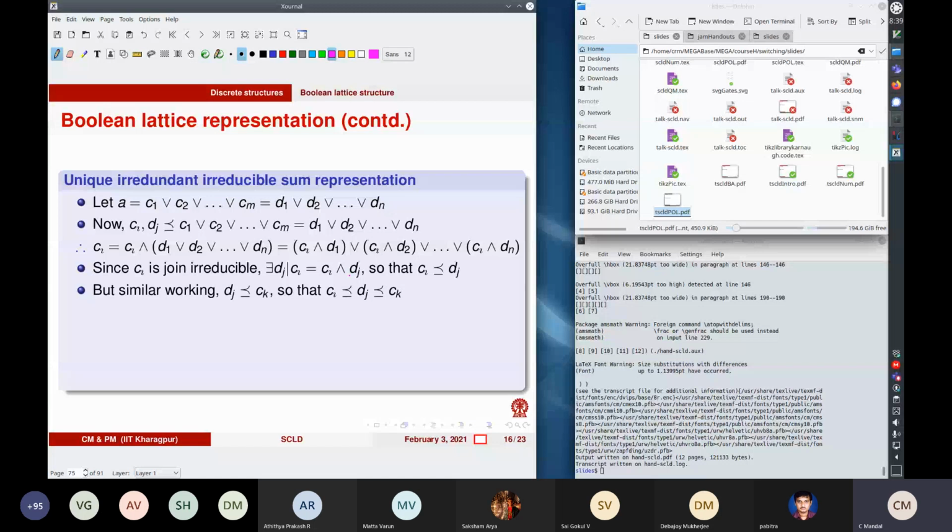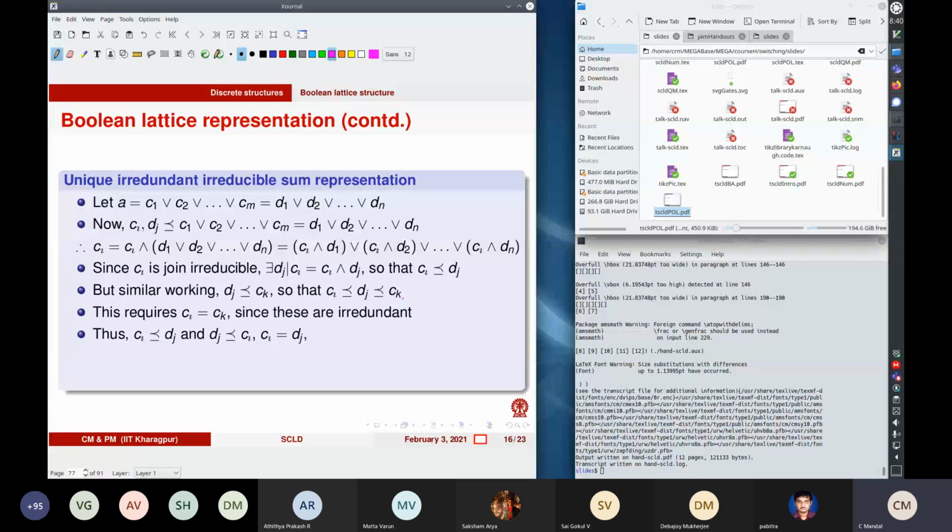But you have assumed that the sum is irredundant. That means, by transitivity, Ci is a predecessor of Ck, but you have assumed that this sum is irredundant. So if this situation exists, then Ci has to be equal to Ck, and that makes Dj equal to Ci. So Ci and Dj must be identical. You can replace Ci with Dj or Dj with Ci, either way.